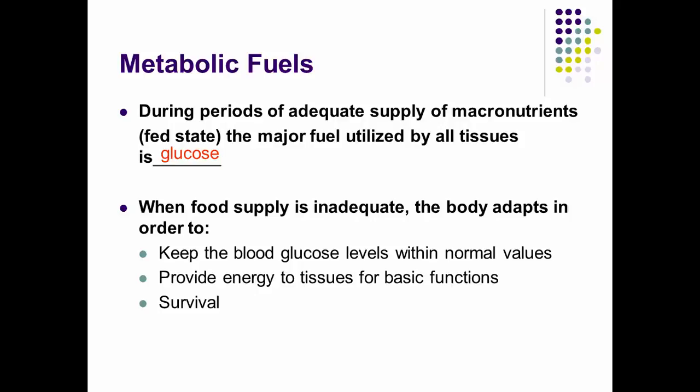For example, red blood cells. And also to provide enough energy for basic functions or for survival. So in the fasting conditions, our body tries to adapt to fulfill these needs: to keep blood glucose level, to maintain the basic functions of tissues, and to survive.